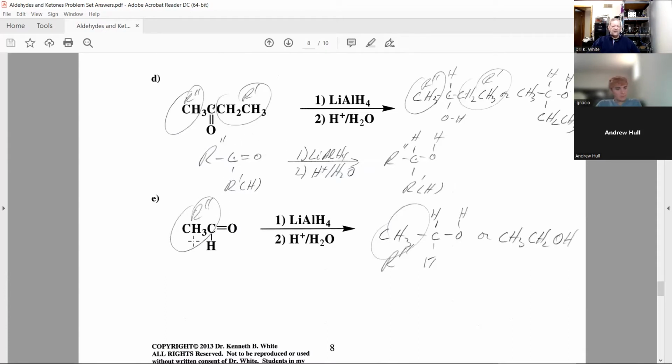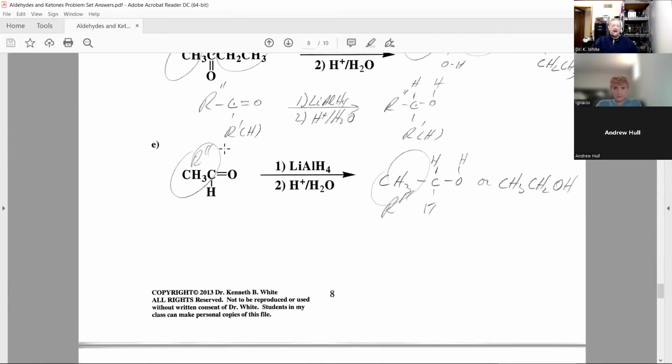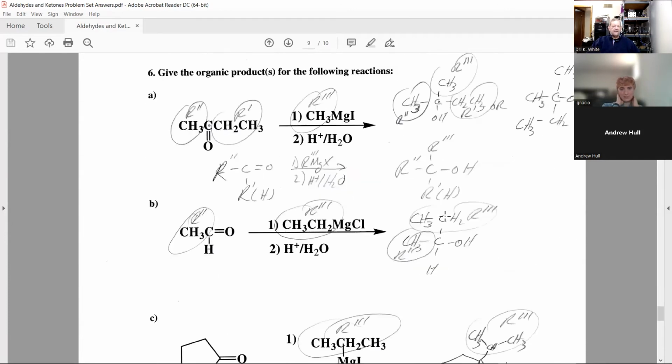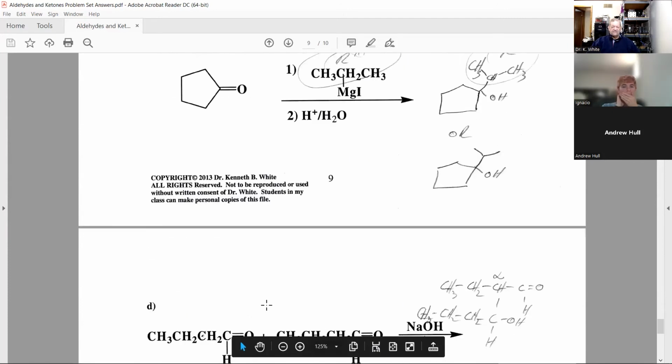No. So if I look at E, R prime is hydrogen, R double prime methyl, break the pi bond, and here's what I get. That's a funky looking hydrogen down here. Wow, that's really funky. Or you can write it this way. Oh, I just saw another thing I forgot to put in here.